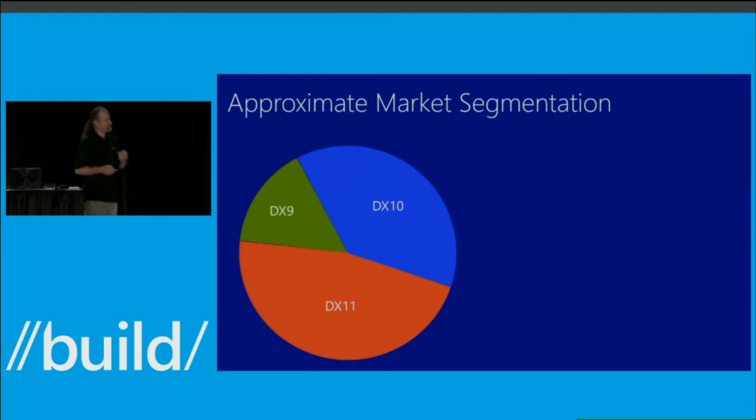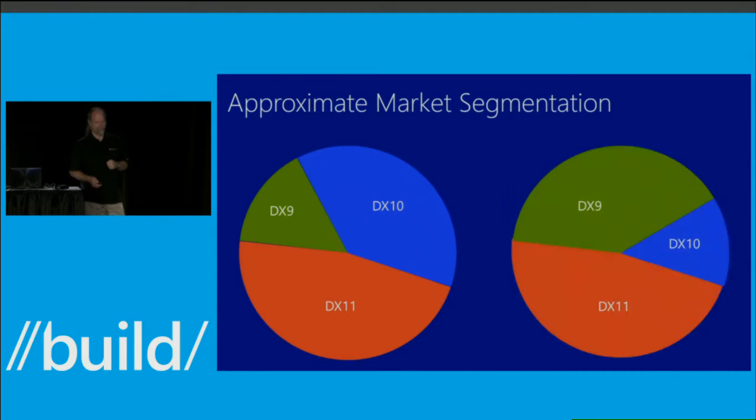I wanted to give you guys a rough idea of what the ecosystem looks like in terms of the number of different machines out there. On the left-hand side, we're showing a typical sort of distribution among gamers. I didn't really put a lot of significant digits in this diagram. It's just a rough idea to tell you that there are still a few DX9 chips out there on the desktop.